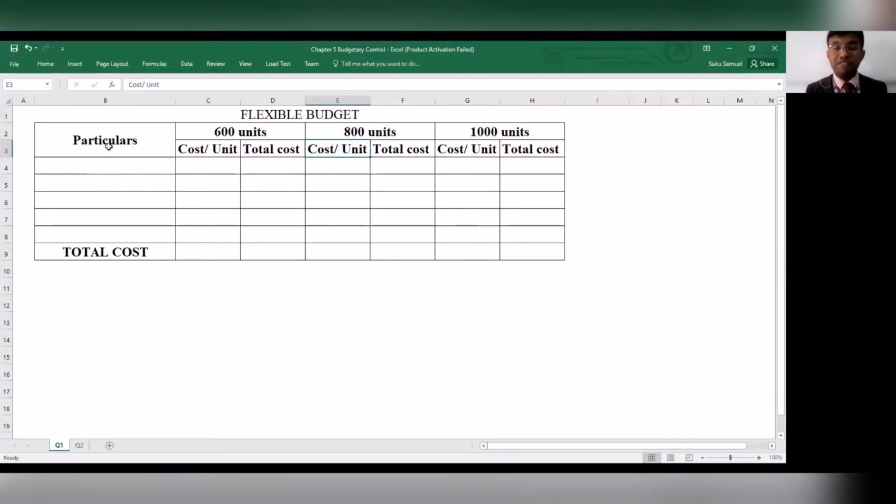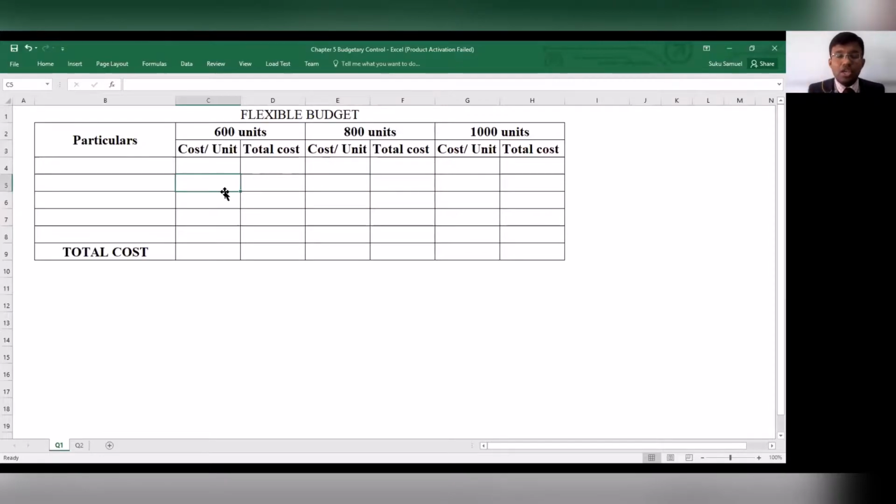Also, whenever we prepare a flexible budget, please remember it has to be prepared in increasing order of the level of output. That's one important aspect you must keep in mind.